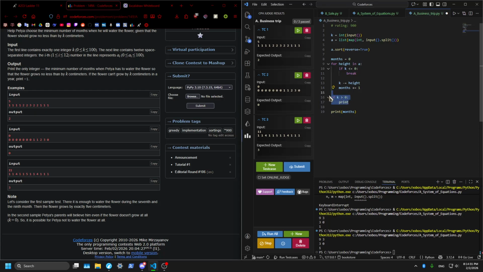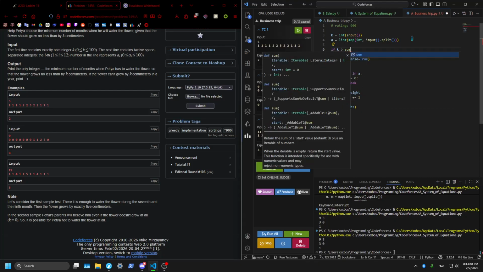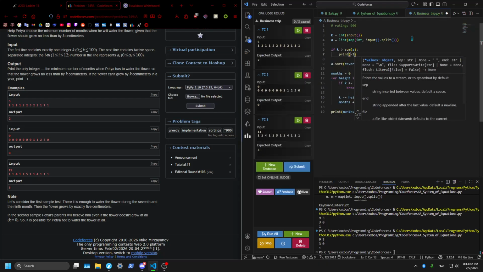We can just do a check, even before all this, if k is greater than the sum of a, print -1 and then exit.